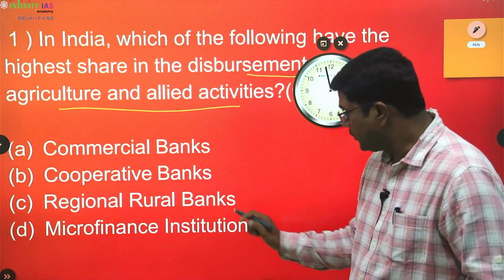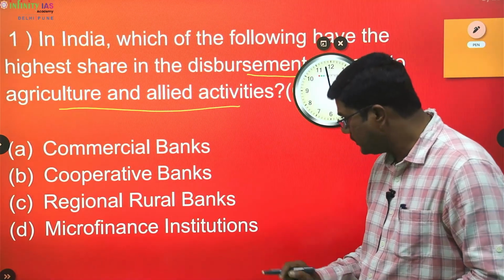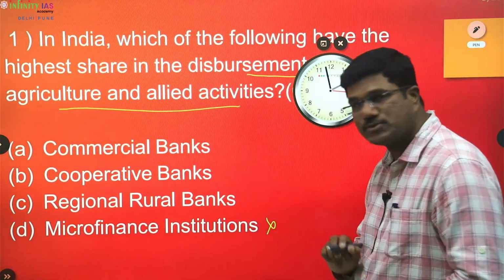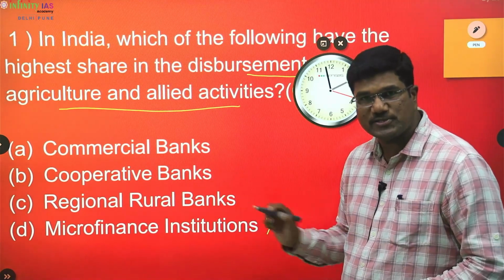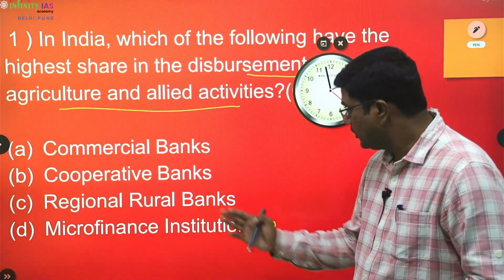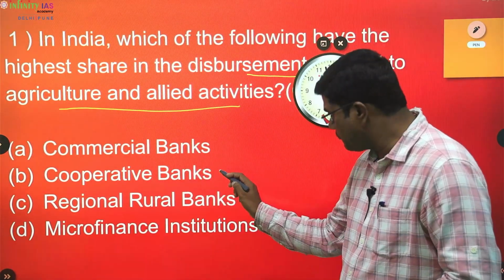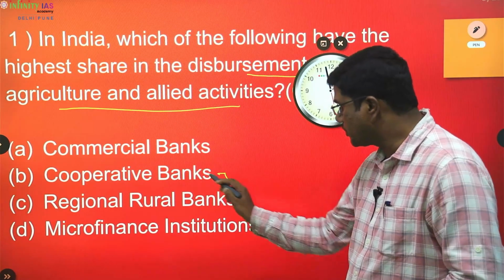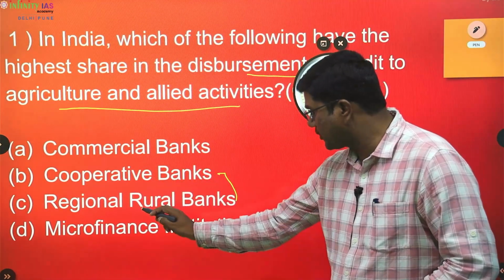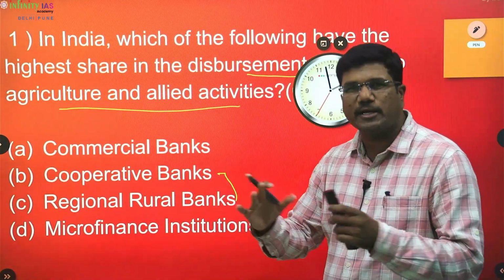So here if you go through it and analyze properly, you will understand that microfinance institutions cannot be the answer, because it is a recent development. Regional rural banks, cooperative banks and commercial banks: if you see these options, the quantum of cooperative banks and regional rural banks as far as disbursement is concerned is not that high.